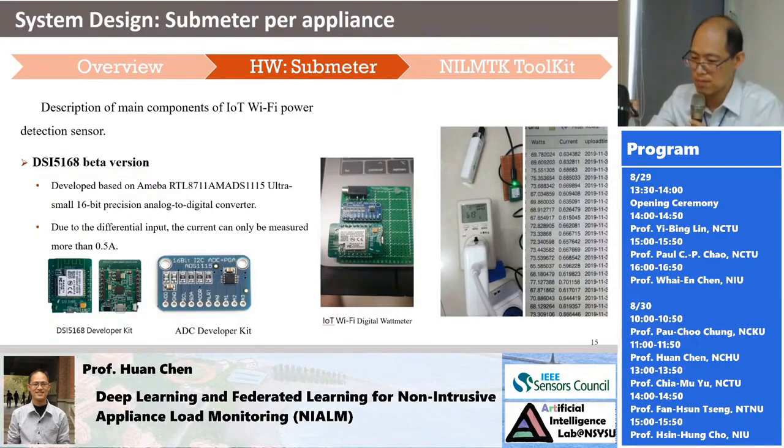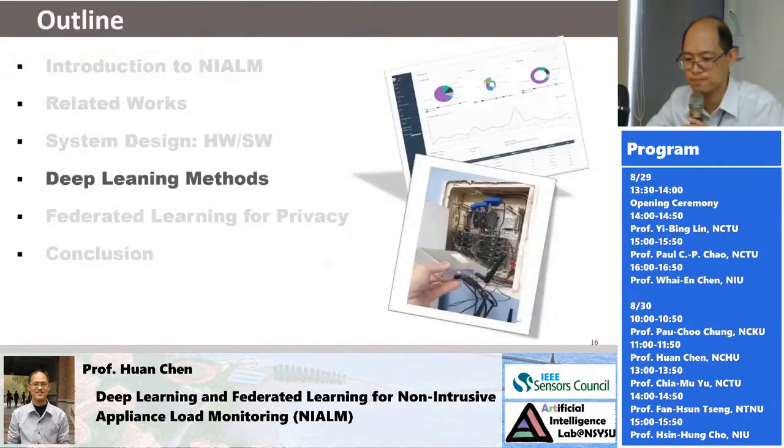In sum, the hardware collects the data while the software performs the energy disaggregation. Then we will share some experience on how we develop the deep learning and how to improve our performance using metaheuristics. It is a very good feature that everybody can use to improve performance.